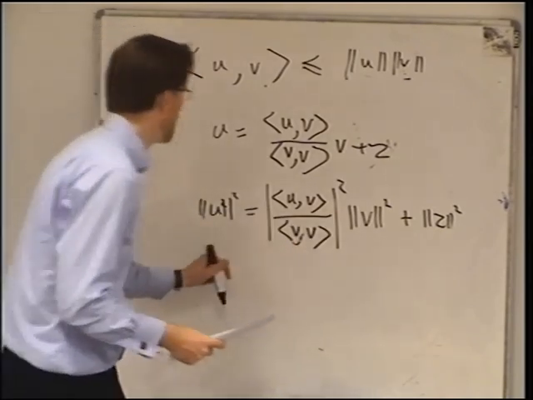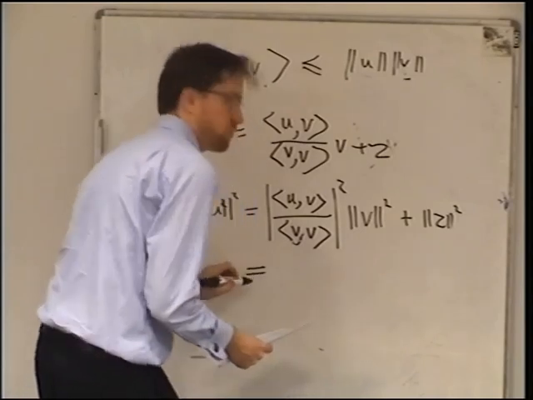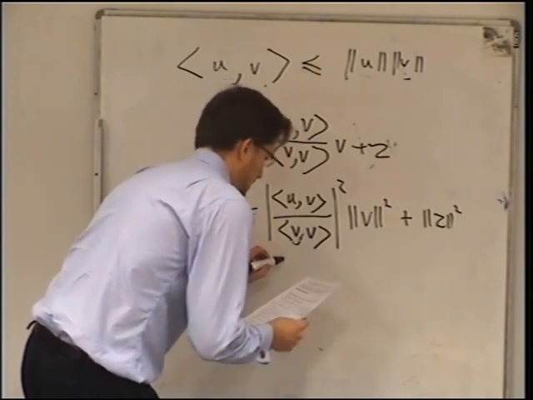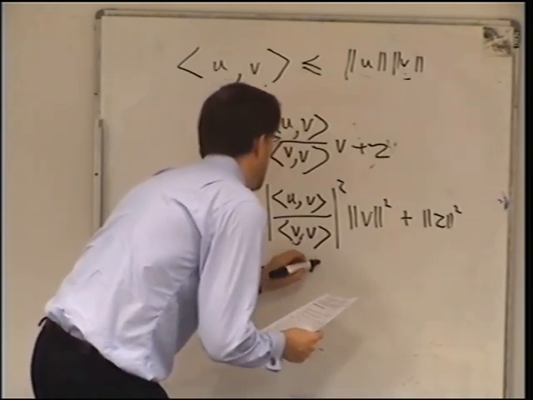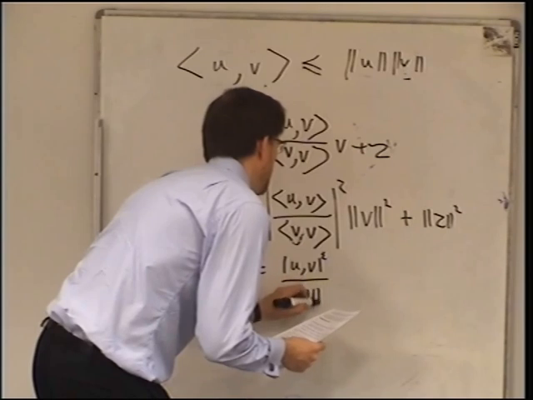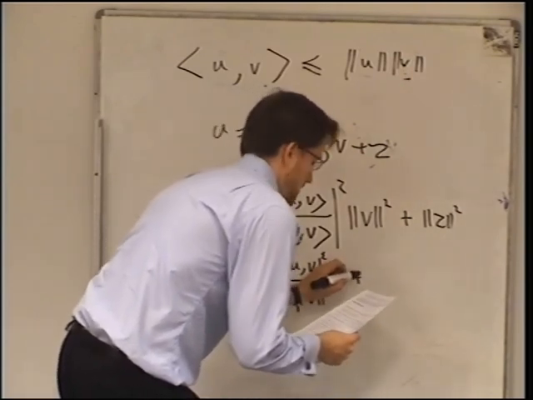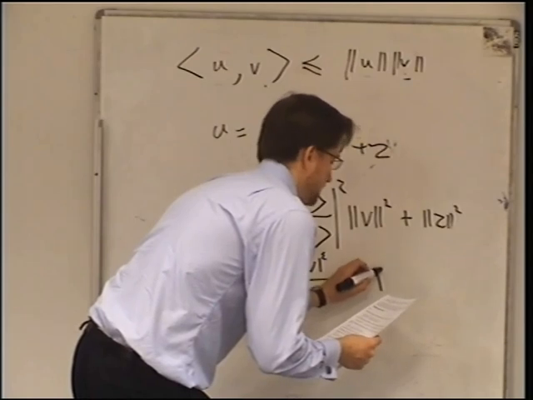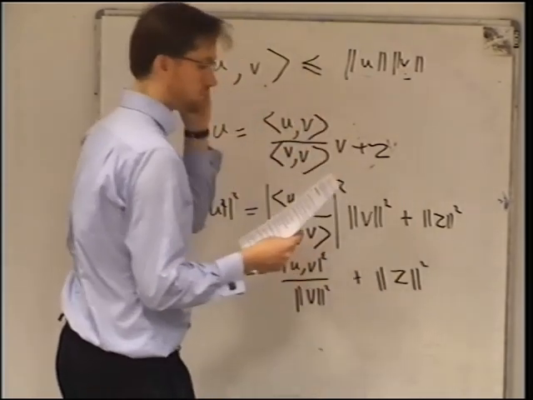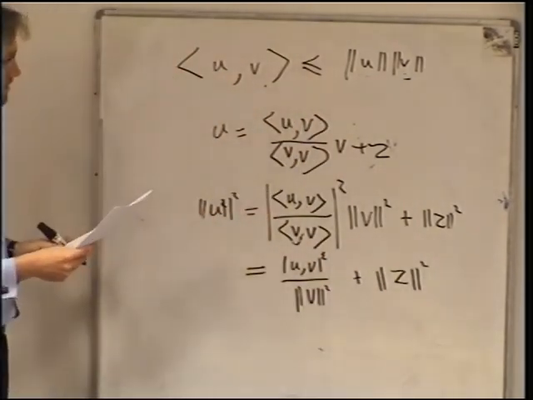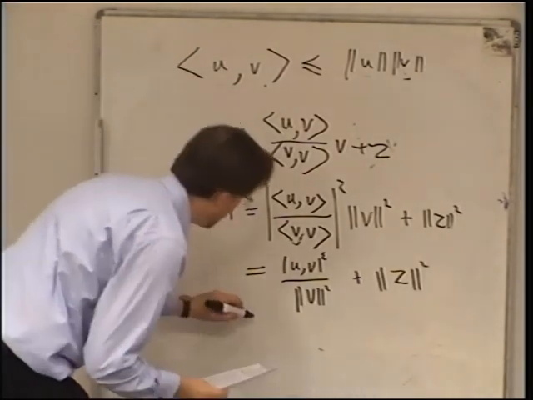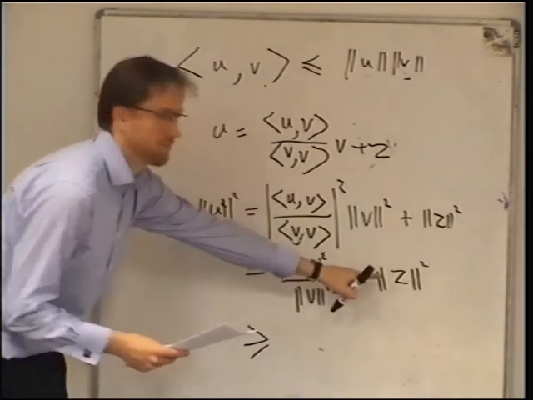So that cancels. So what that's equal to, I'm going to drive the camera down now, is (u,v) squared divided by the norm of v squared plus the norm of z squared. And that, because of positivity, has got to be bigger than exactly the same thing if I cross off z.